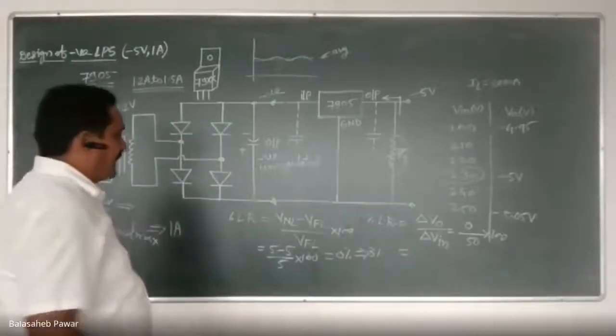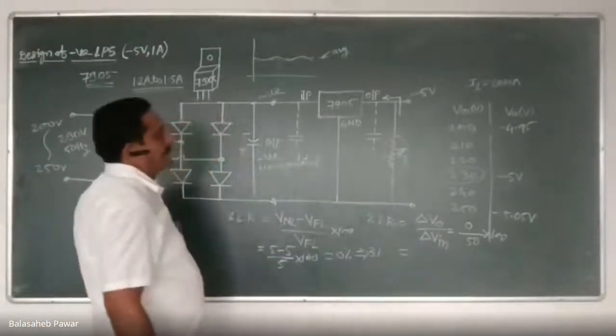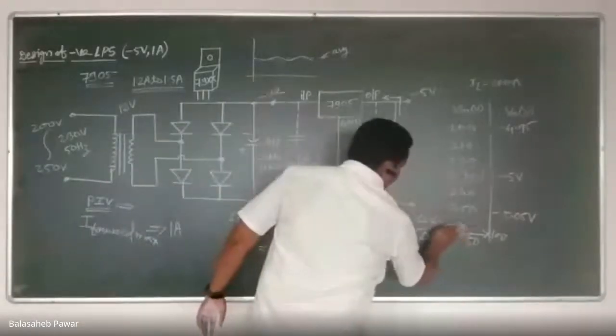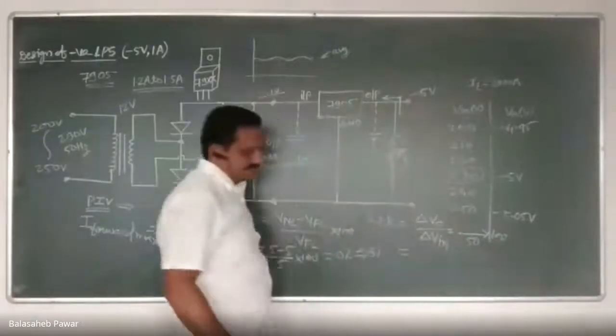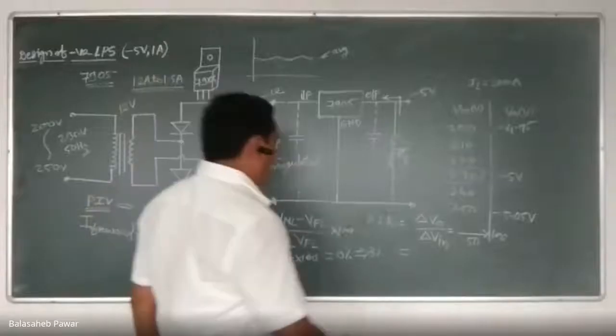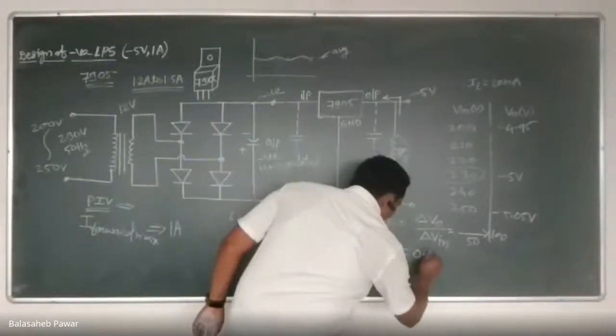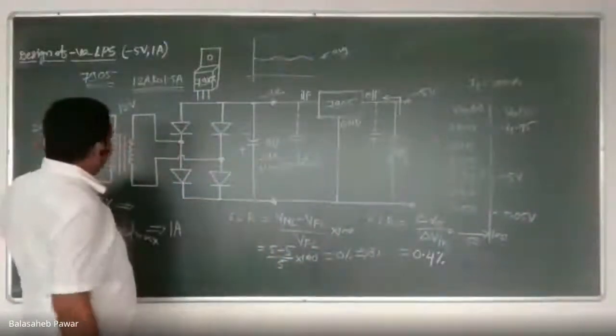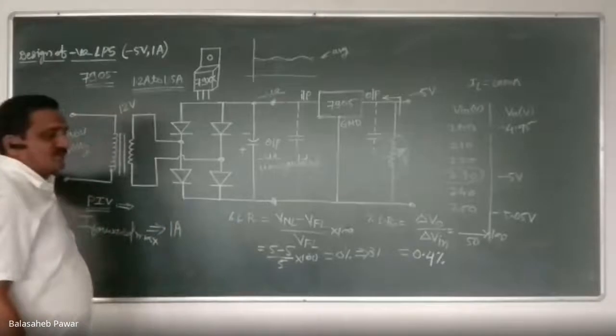How much is it? 0.4%. So the percentage line regulation of this considered linear power supply is only 0.4%.